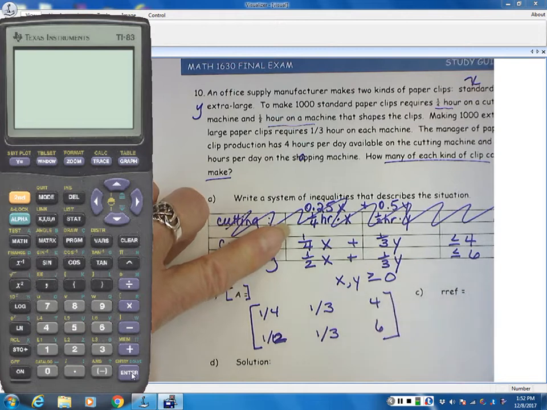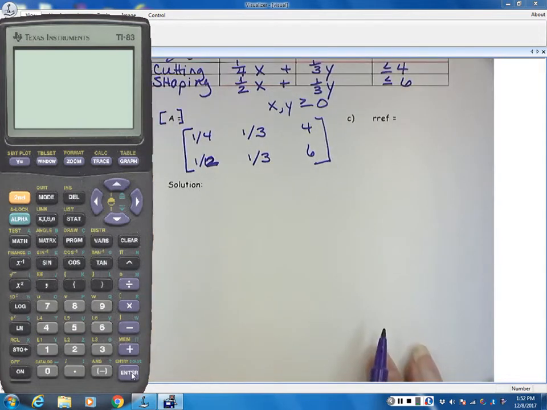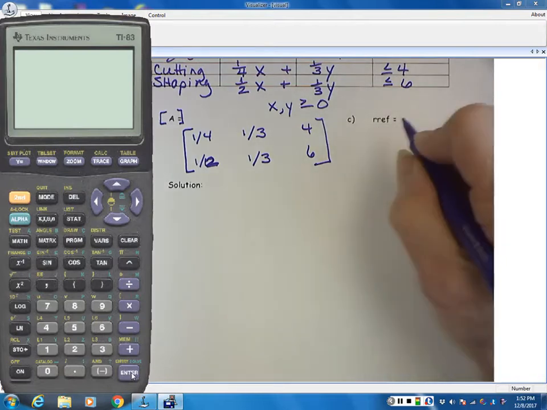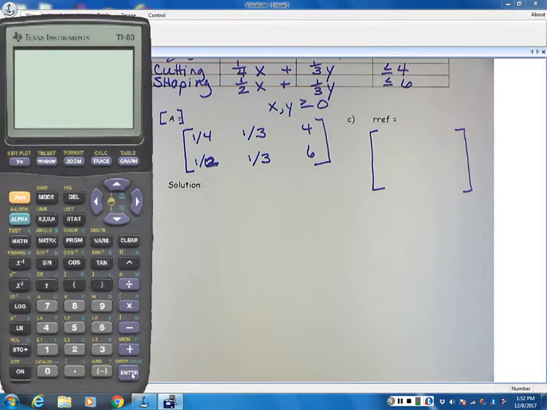So there's matrix A. And then we're going to need the reduced row echelon form of matrix A to get the solution. So again, that's going to be a 2x3.